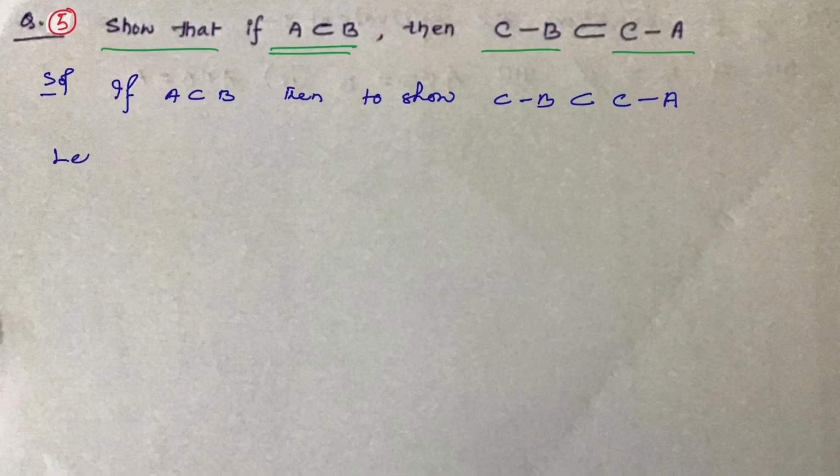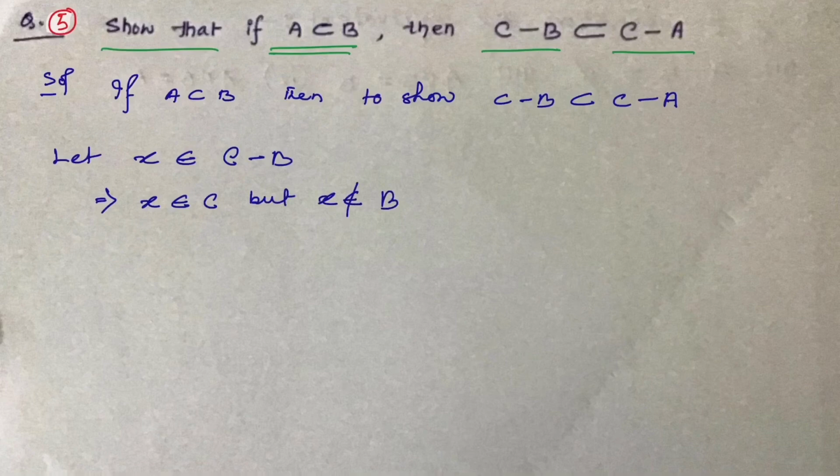So let us consider x belongs to C minus B. Okay, which implies x belongs to C but x doesn't belong to B, or you can say x belongs to C and x doesn't belong to B.